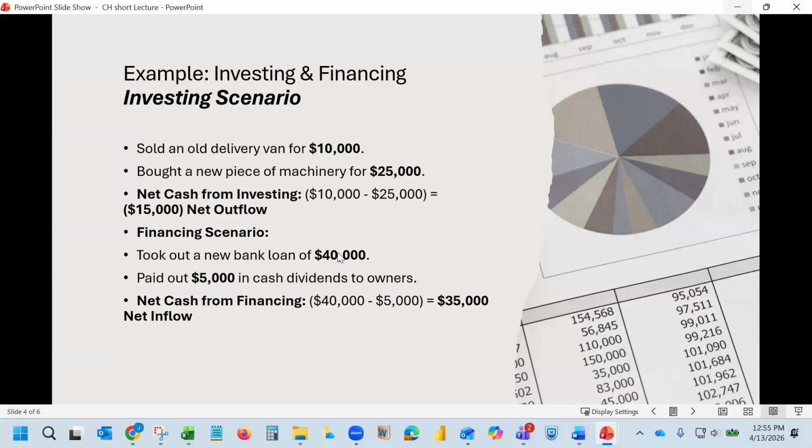So you have cash you borrow from the bank, $40,000, which is cash coming to you, and now you pay out cash, and that is $5,000 for your dividends. So when you minus $5,000 from $40,000, that will give you a net cash balance from the financing activities of $35,000.